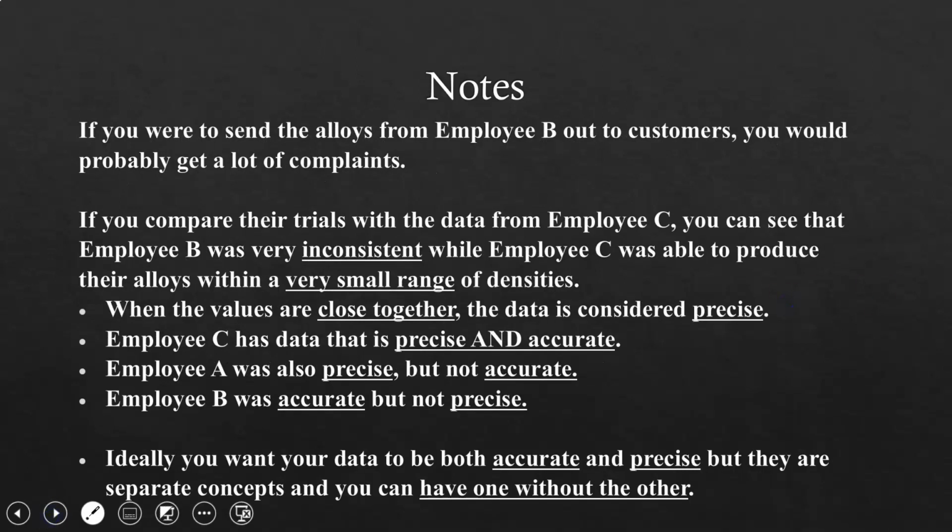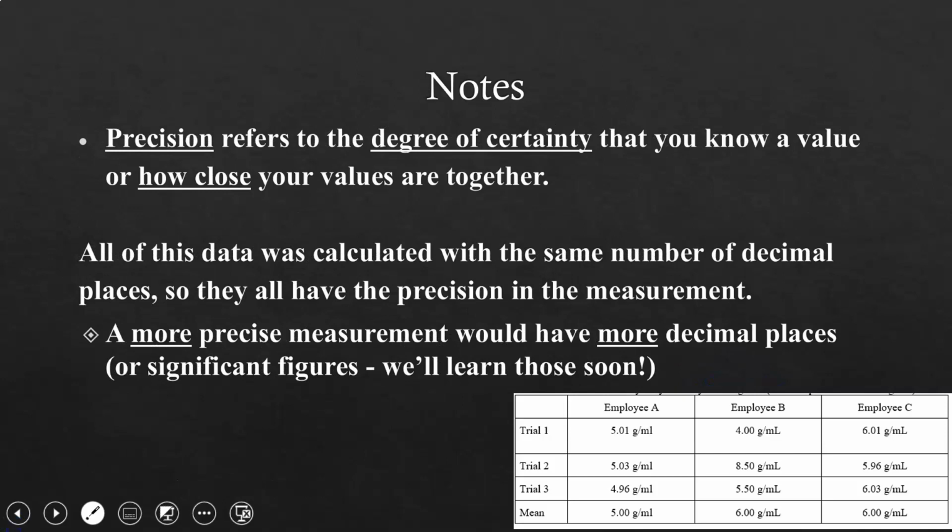If you were to send the alloys from employee B out to customers, you would probably get a lot of complaints. Why is that? Well, if we look back at theirs, you see that employee B has their densities all over. They have some at 8.5 and some at 4.